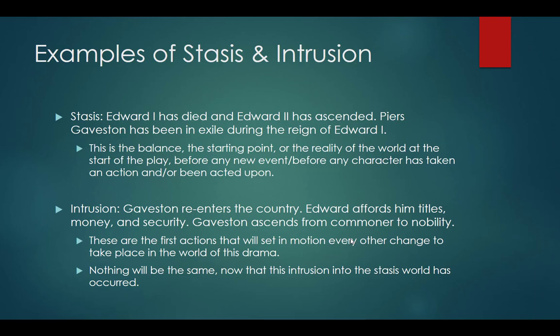Some would say an outsized influence on the king, which makes people very unhappy. So these are the first actions that set in motion every other change that will take place in the world of this particular drama. This first intrusion is the first event, which will lead to the second event, which forms the first action, and on and on and on. Because this intrusion happened, nothing else can stay the same.